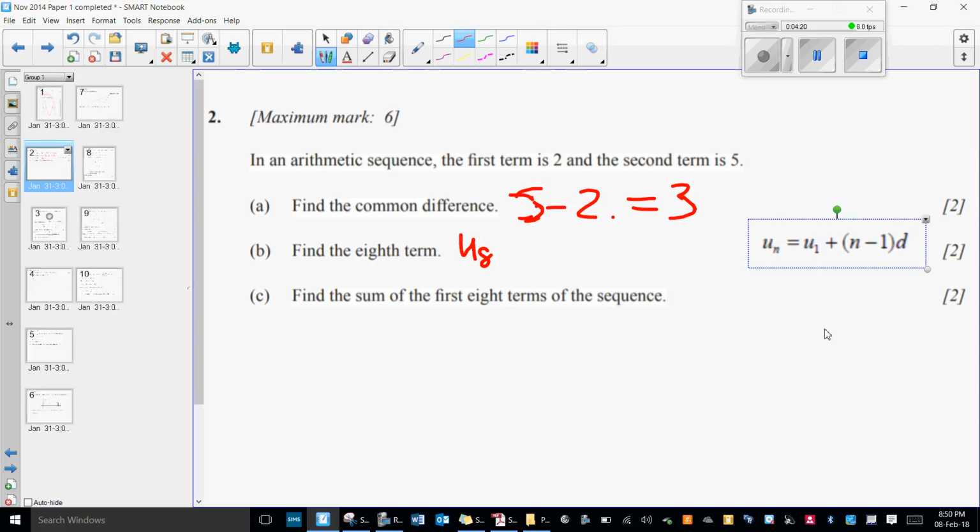So U8 equals 2 plus 7 times 3, which is 21, to 23.